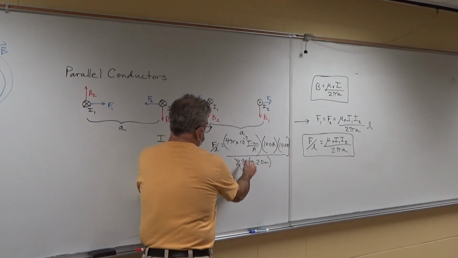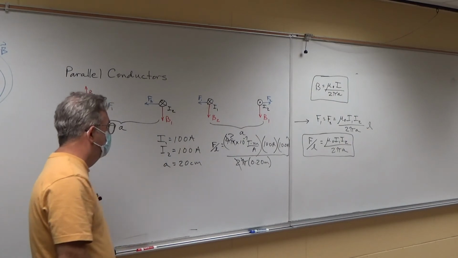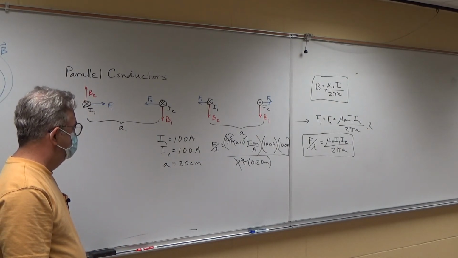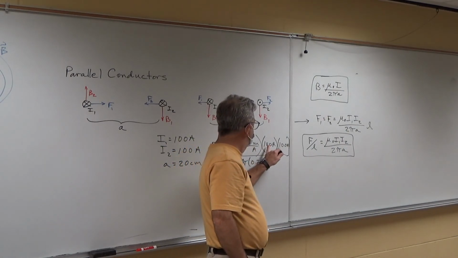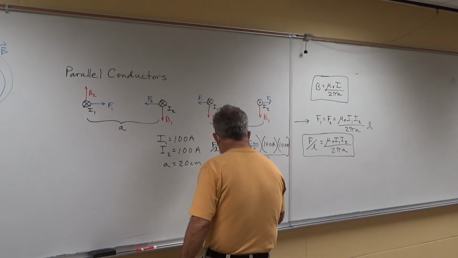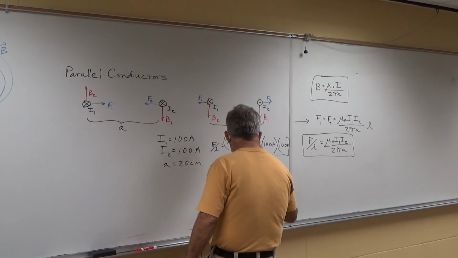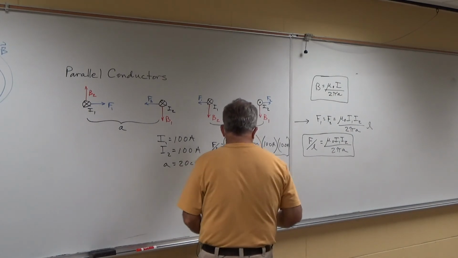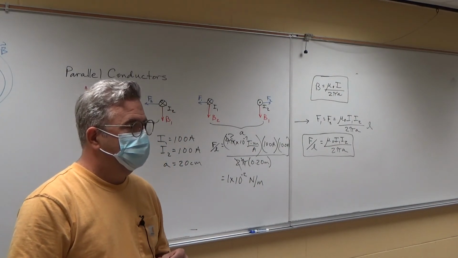Okay, this cancels. That becomes a 2. So I get 10 to the 5. So this becomes 1 times 10 to the negative 2 newtons per meter, if I did the calculation correctly.